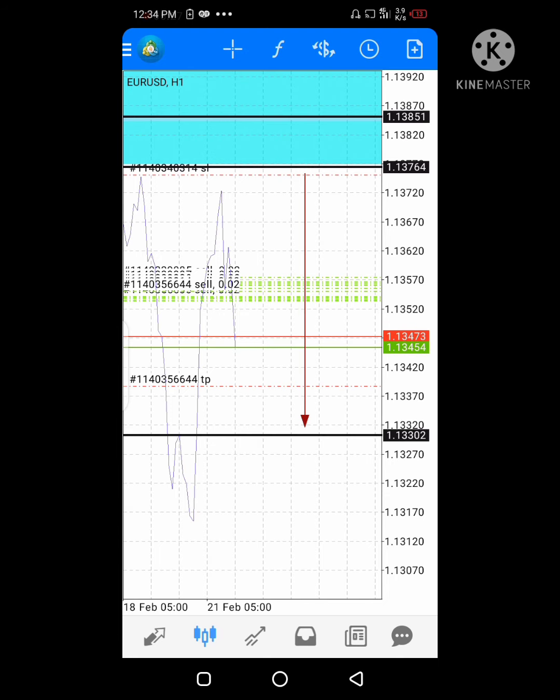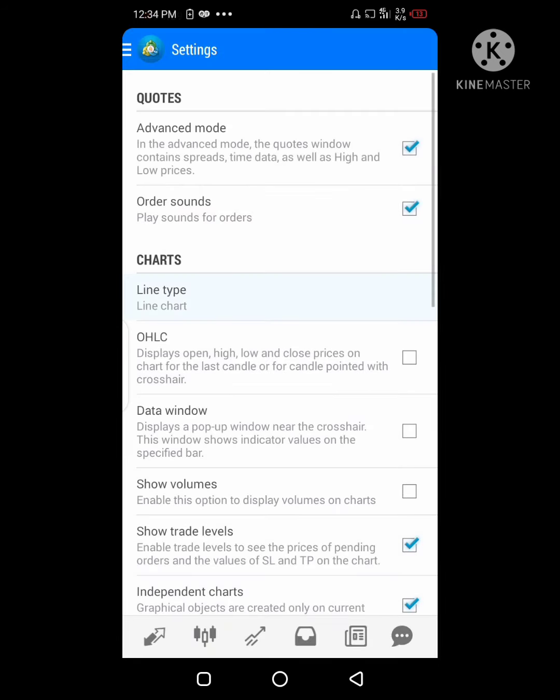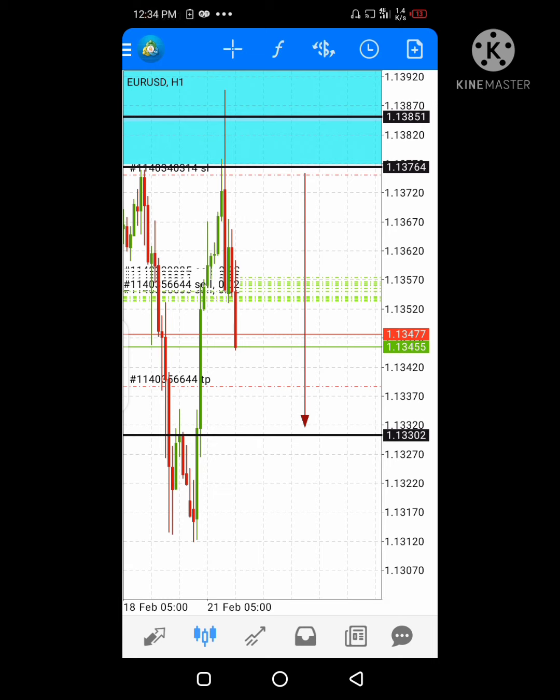That was the main entry though, but I'm going to tell you why I later entered here, because after I noticed that I entered late here, I had to look for another opportunity to place my trade, which I did.